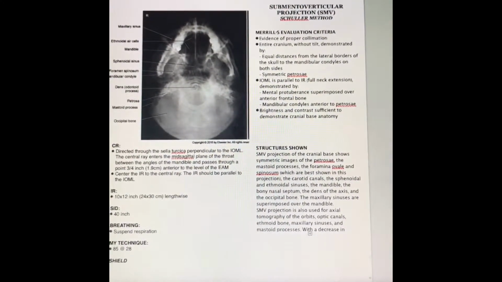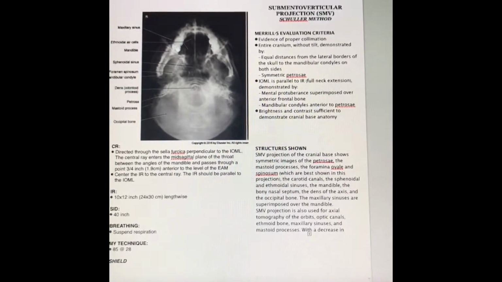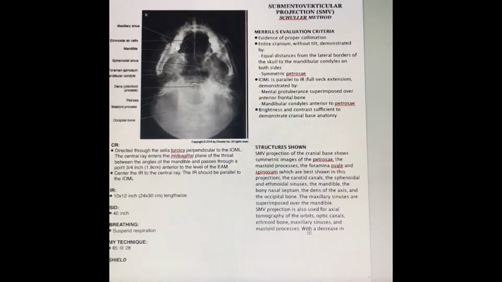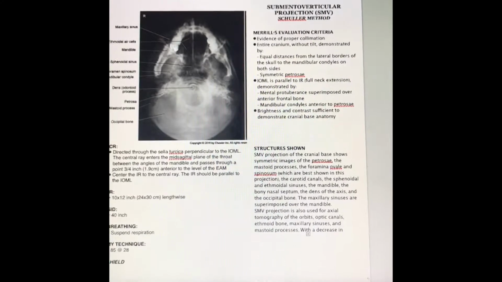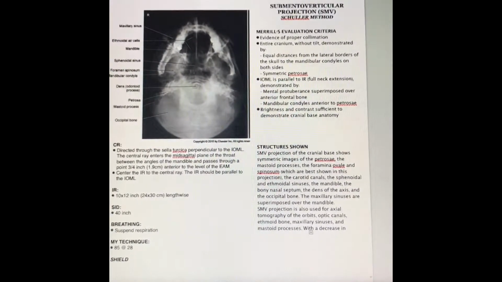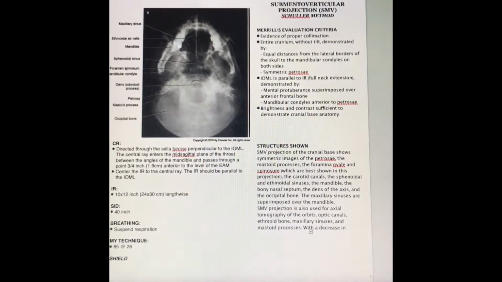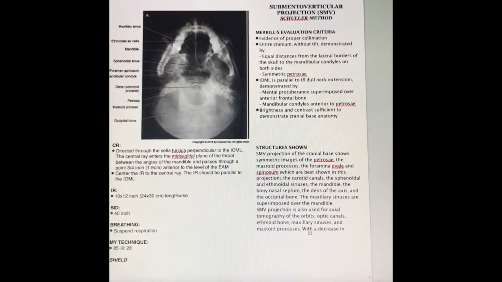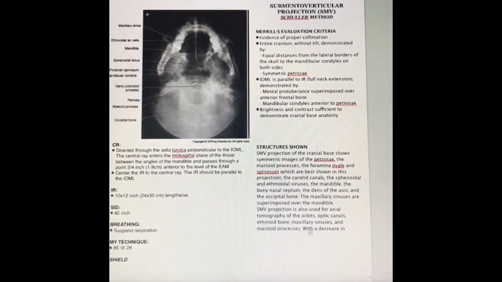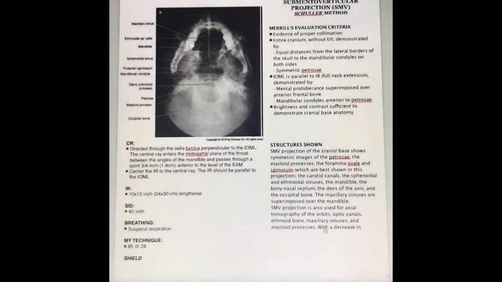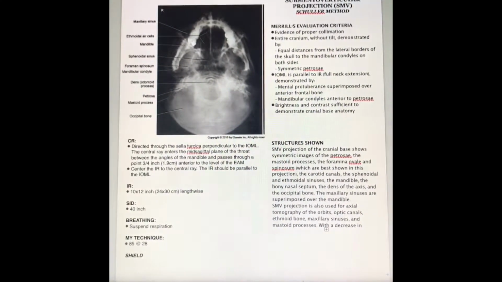SMV projection of the cranial base shows symmetric images of the petrosae, the mastoid processes, the foramina ovale and spinosum, which are best shown in this projection. The carotid canals, the sphenoidal and ethmoidal sinuses, the mandible, the bony nasal septum, the dens of the axis, and the occipital bone.